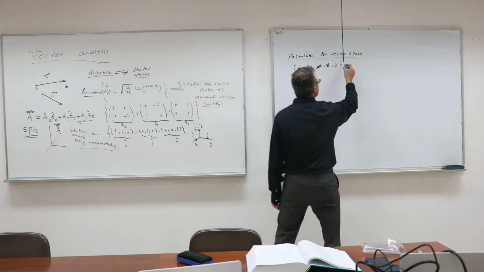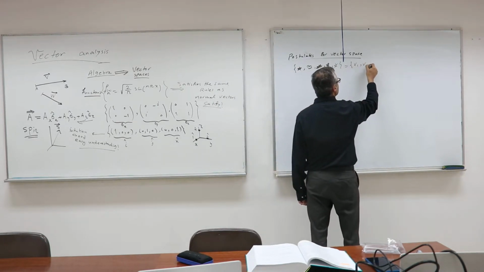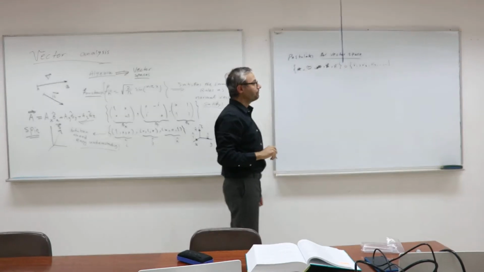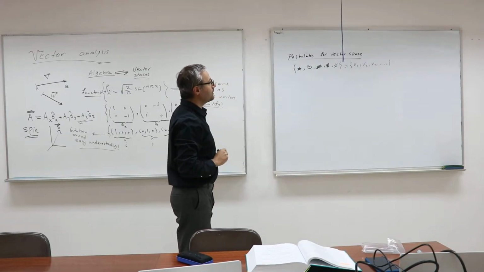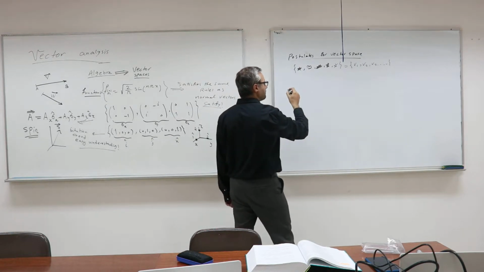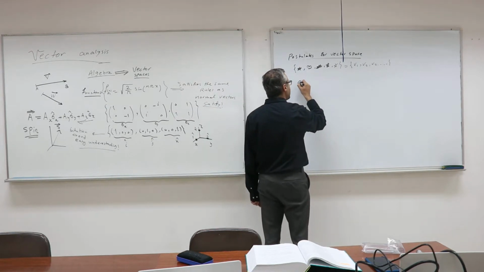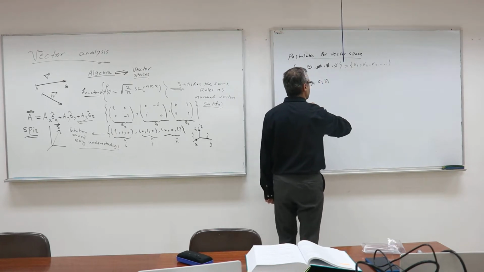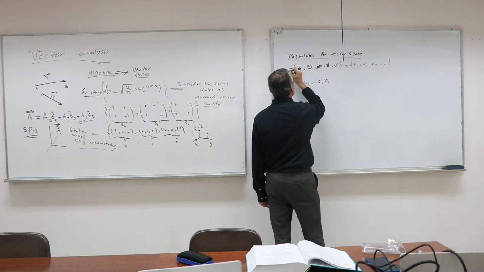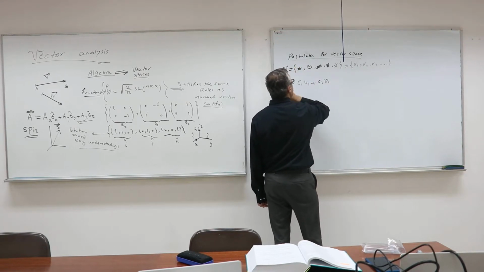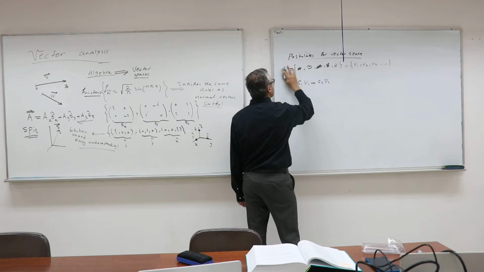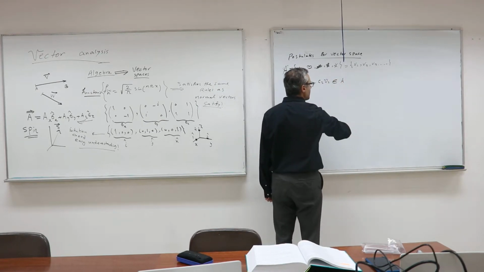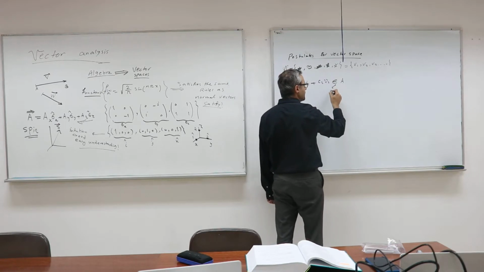I can call them V1, V2, V3, and you can continue as long as we want. I can call it a vector space if I make a combination of these, and this combination, which I can call this set V, for example, or A, should exist inside there.